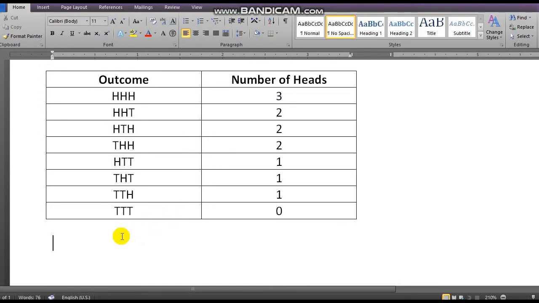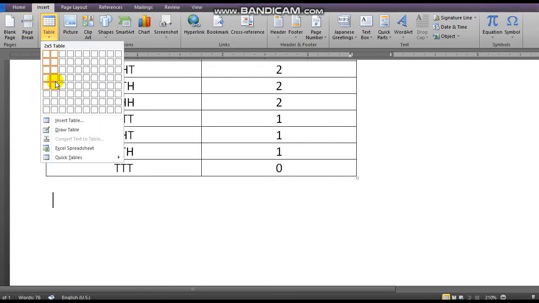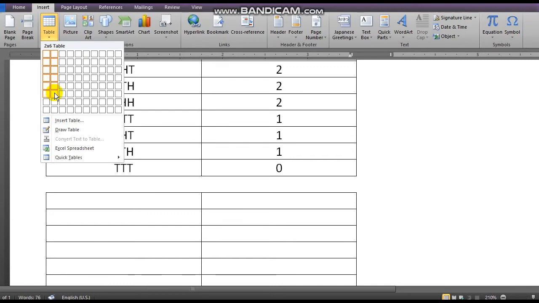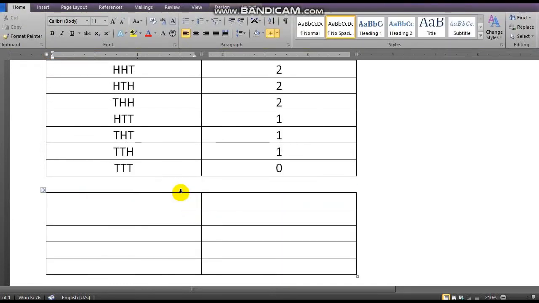For step 3, we construct a frequency distribution of the values of the random variable. So let's make another table, this one. What we're going to do now is write down the value of the random variable, the value of h, which is the random variable.